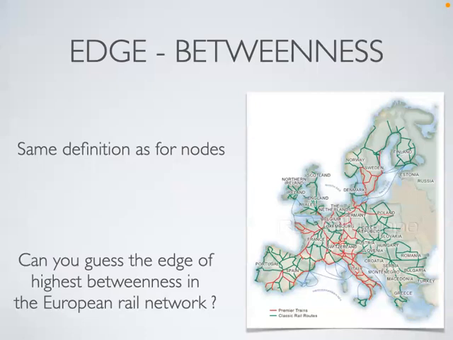I'm not sure I understand your question. For the edge betweenness, yes. Can we solve the problem with cuts and flows? I'm sorry, I'm not sure I understand. But maybe we can discuss it at the break? Yeah. Okay.